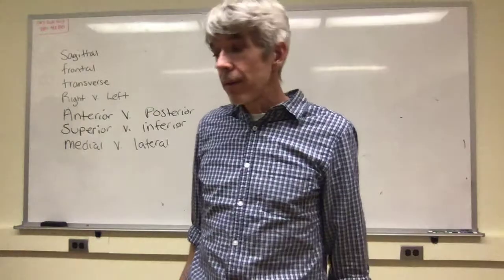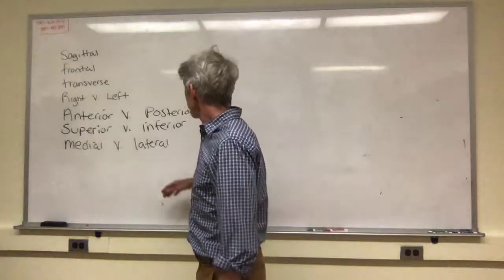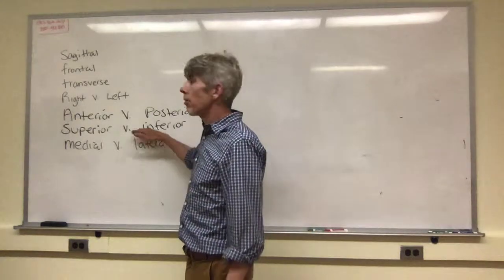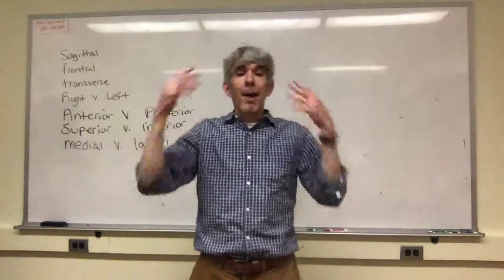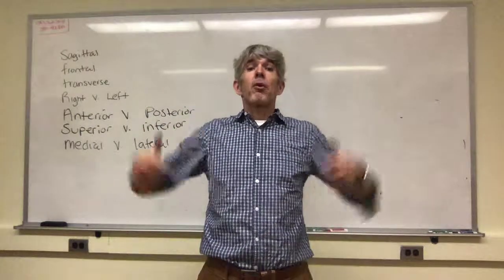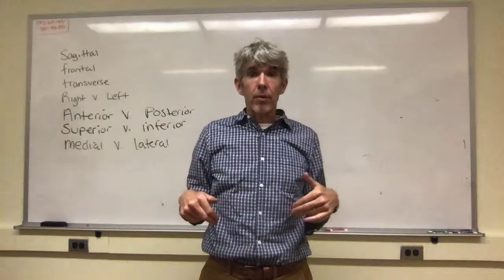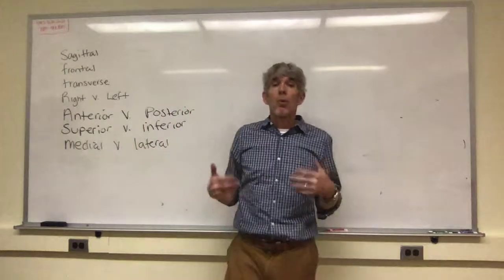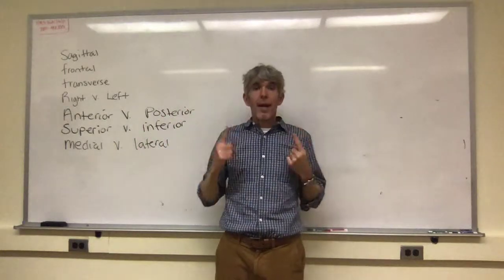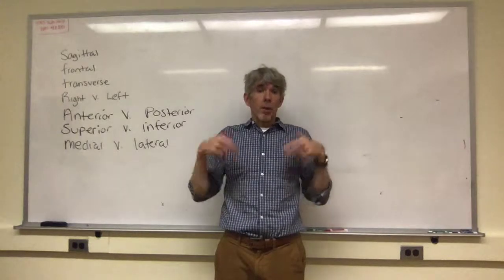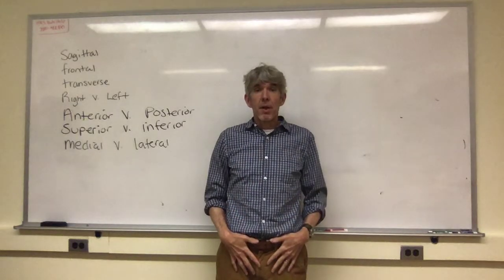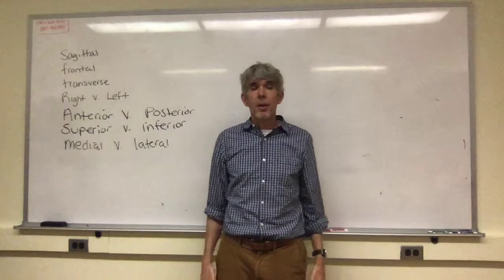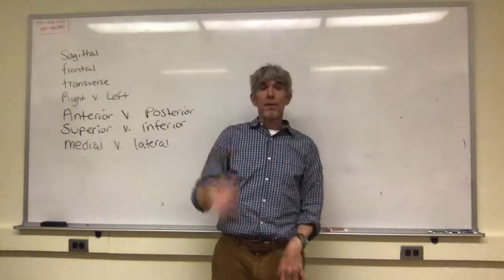We can also use this for something like superior and inferior. If we think of superior as up and inferior as down, that works pretty well when I'm in an anatomical position. My head is up relative to, say, my pelvis. But what if I'm hanging upside down from a tree? Now my head is below my pelvis.